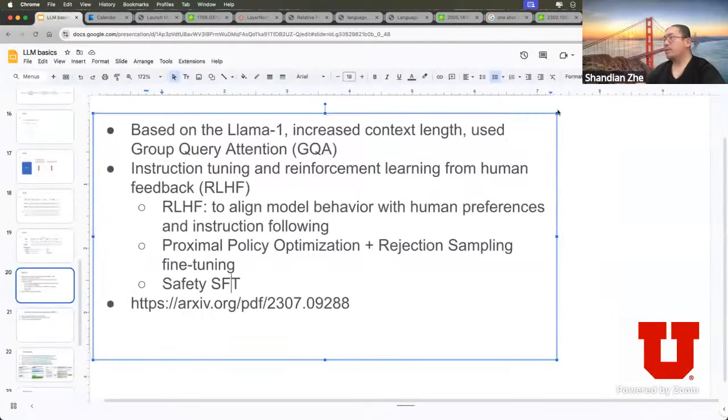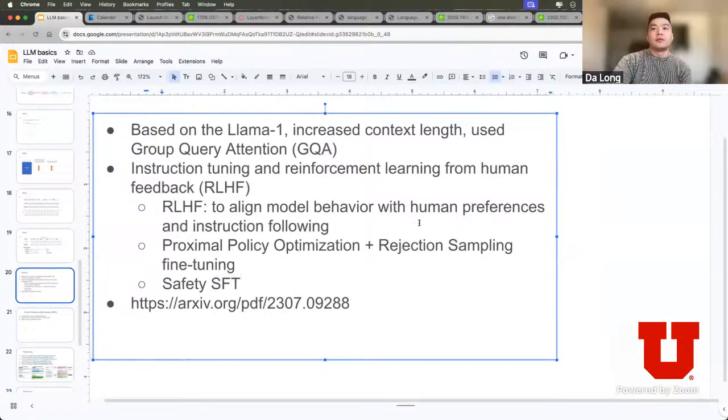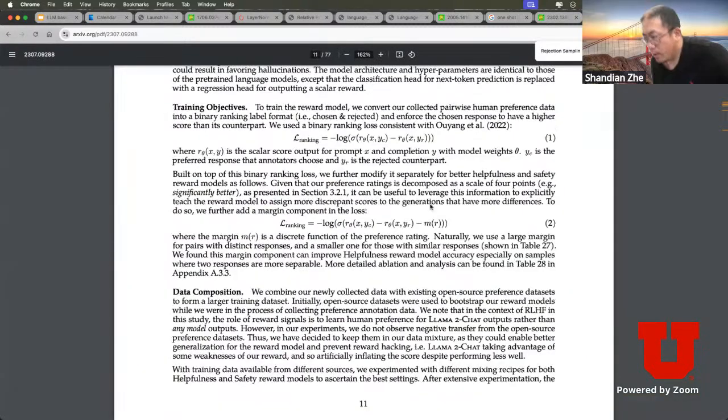Okay, so the safety score is integrated into the final reward computation as well, right? Yeah. Basically, you have the score model, which is trained only for the quality of the answer, and a safety model to evaluate how safe your results are.